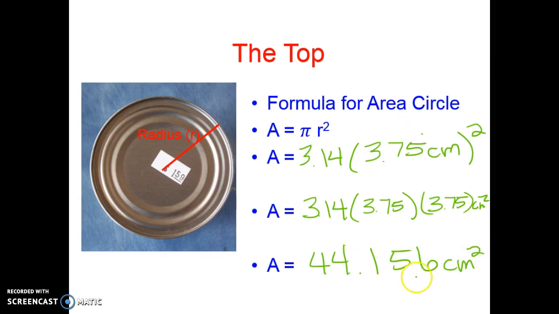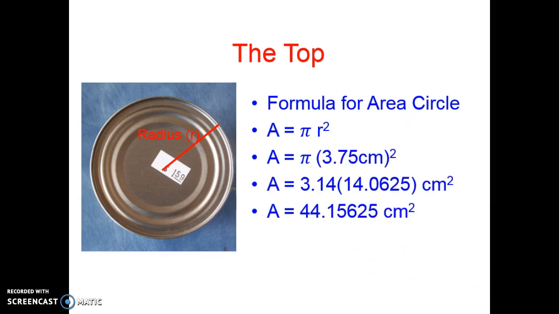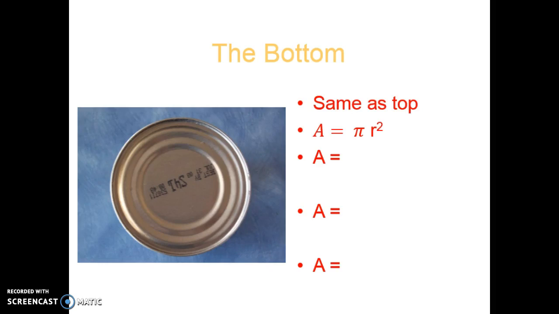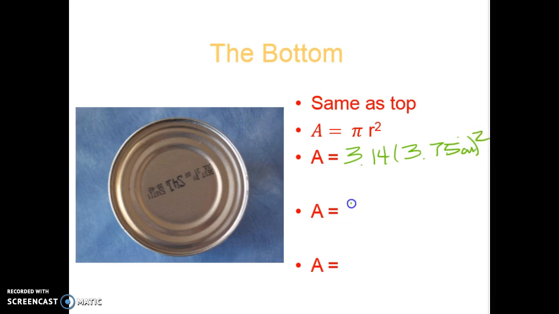Now, I know that my handwriting is not the best, so here is a slide right here with it all typed out nice and neat. So the bottom is exactly the same as the top. Lucky for us. So we already know pi is 3.14. We know that the radius is 3.75 centimeters, and we are going to square that.